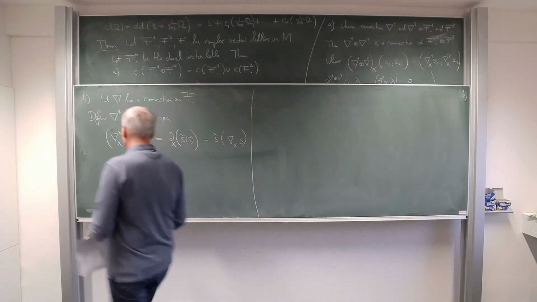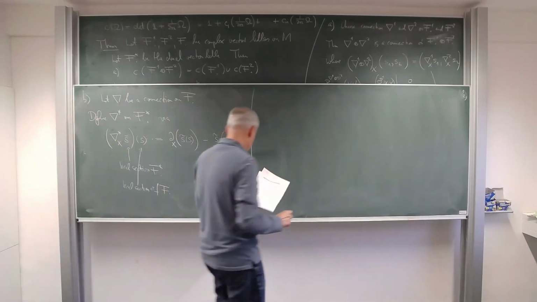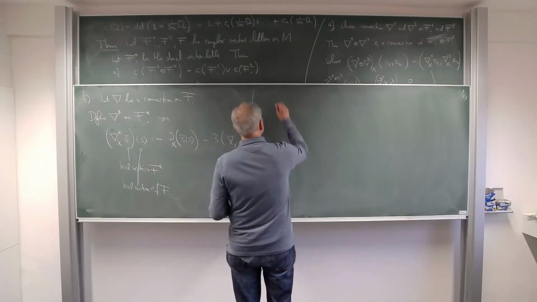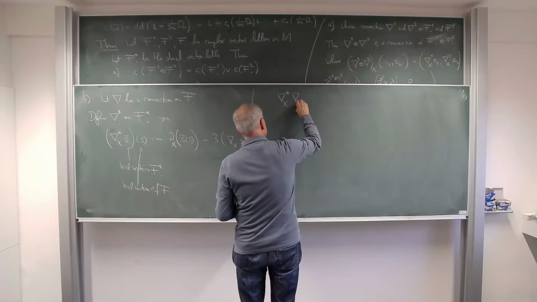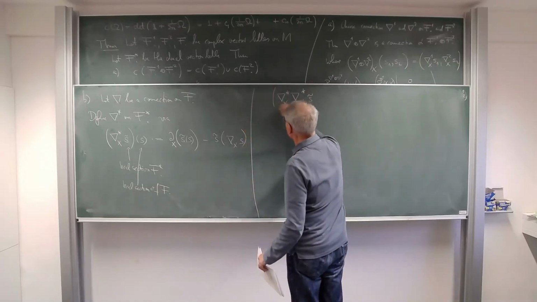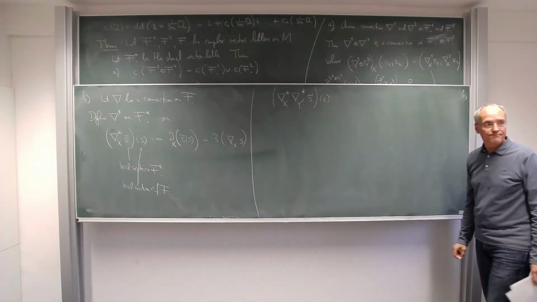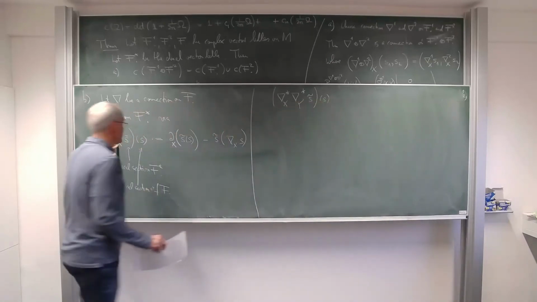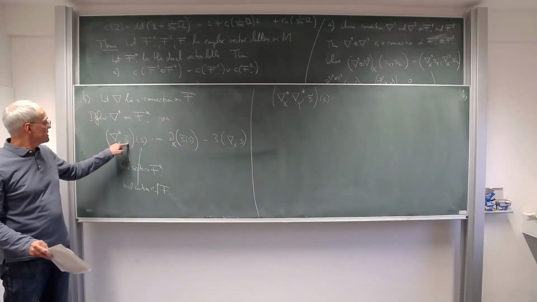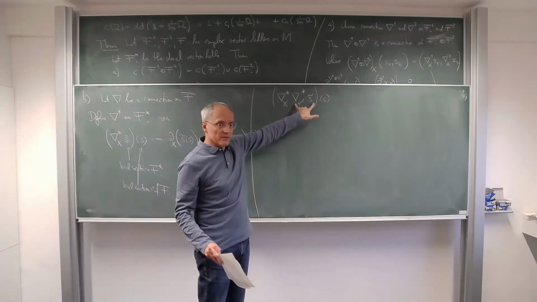In order to get the curvature, I need to take second covariant derivatives. So let's see what happens if I apply this nabla star twice to some section of F star and then evaluate the result on S. So what do I get? Let's use this formula here, but in this case the S tilde from this formula is this expression.